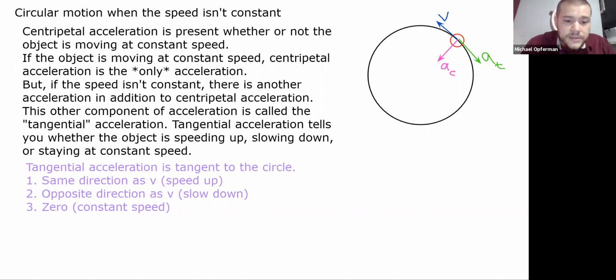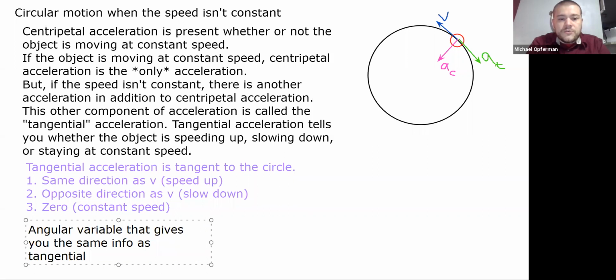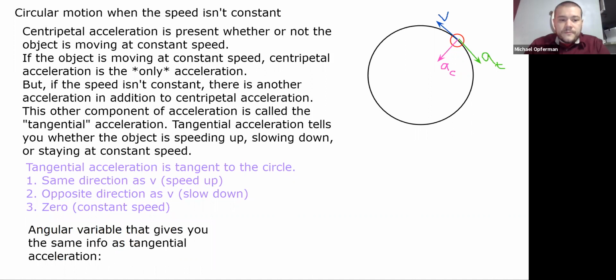The tangential acceleration has an angular equivalent. So there's also an angular variable that gives you the same info as tangential acceleration, and that is the angular acceleration, alpha, which I mentioned briefly in one of the earlier videos, I think.